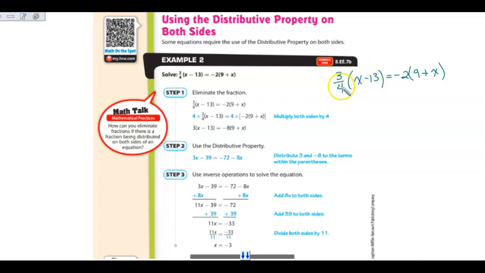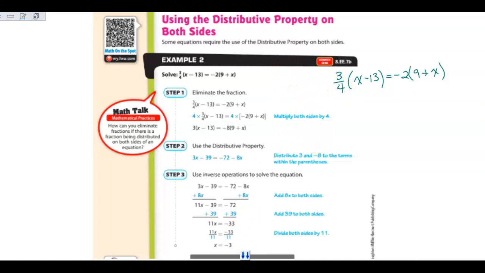This one looks a little different because it is in fraction form. And one thing that we can do is to get rid of the fraction by multiplying everything by 4, which means if I multiply this side by 4, I also need to multiply this side by 4. And what that does is just gets rid of this fraction here.